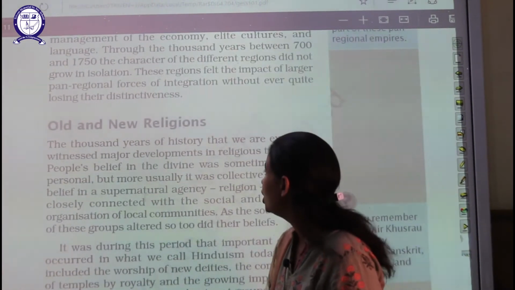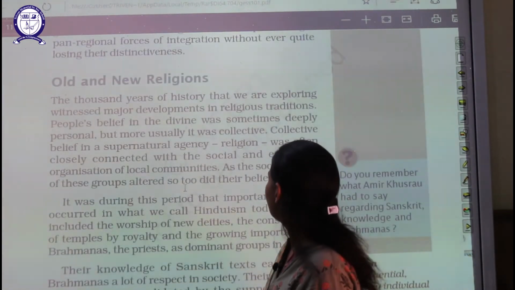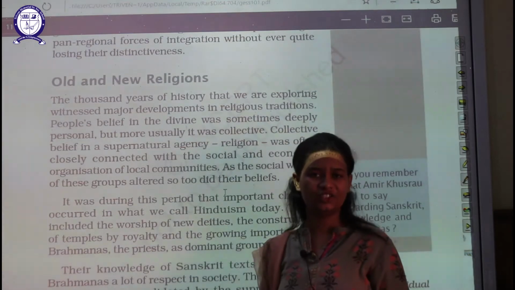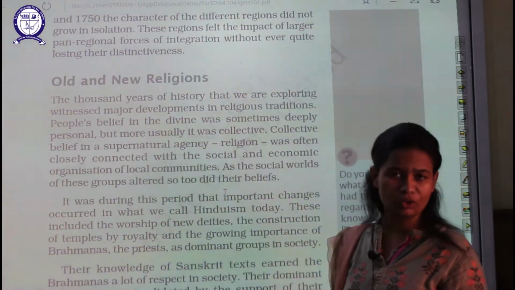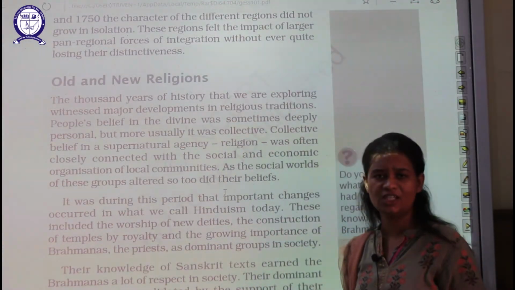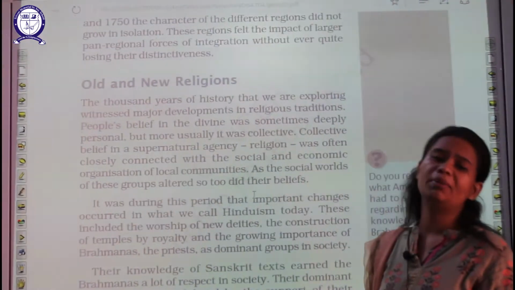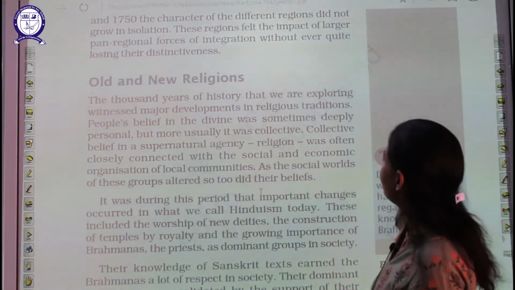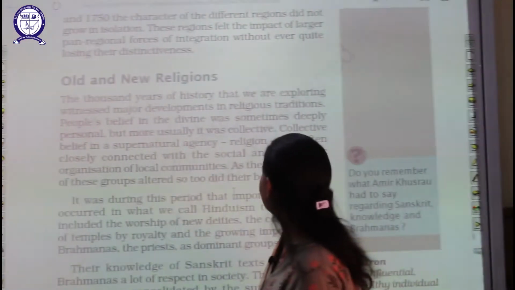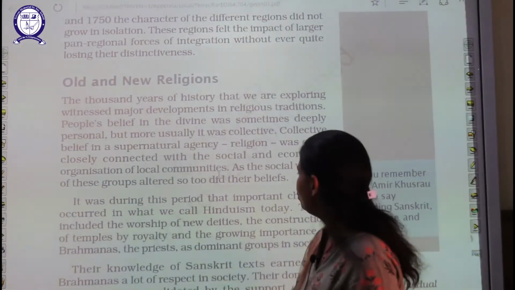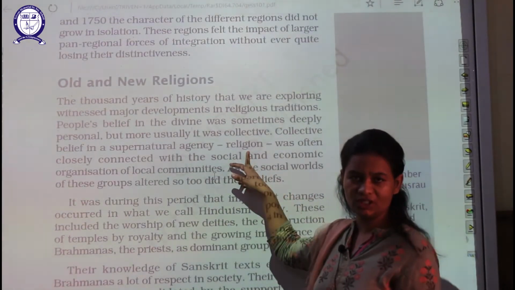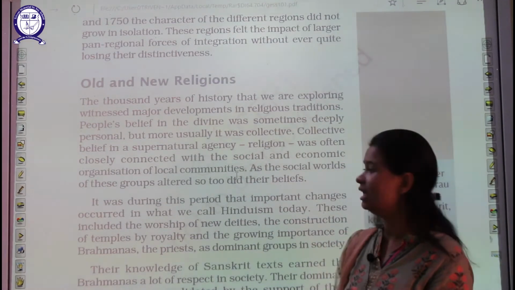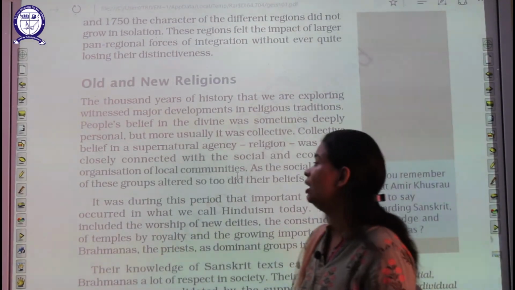The next is old and new religion. Now what is said here? Certain religions were already existing in these dynasties or societies, but certain religions emerged during this time period. Let's see. All of you know what religion is. Basically, religion used to connect people socially and economically.